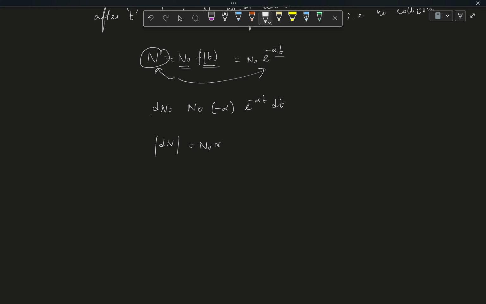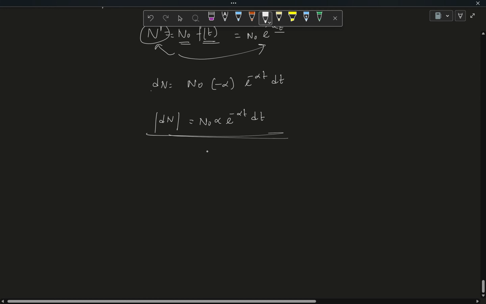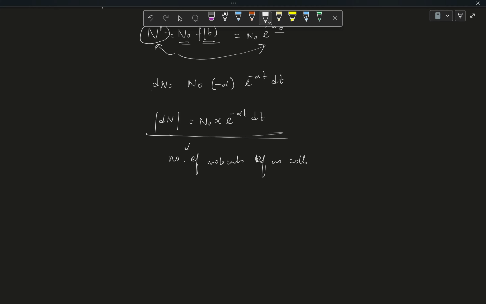So this is just n naught alpha e to the power of minus alpha t dt, right? So this is basically the number of molecules of no collision in the small interval of time dt.